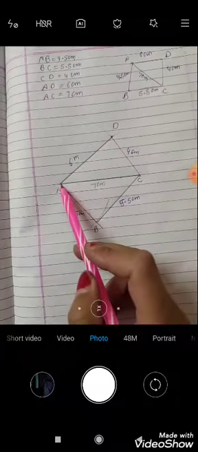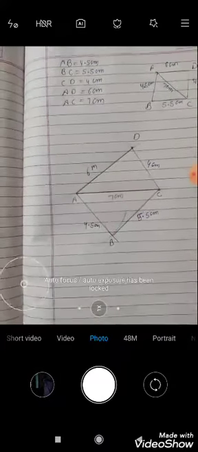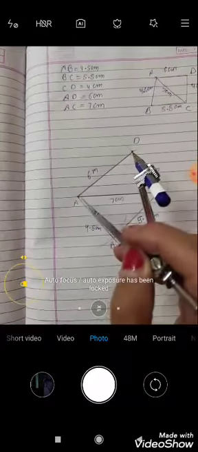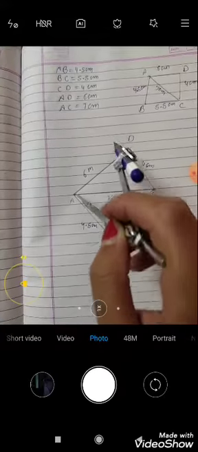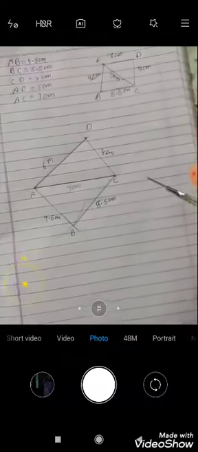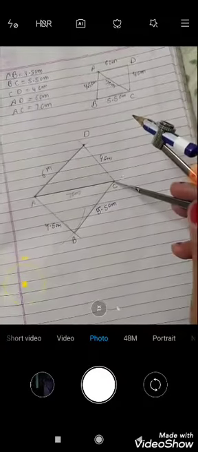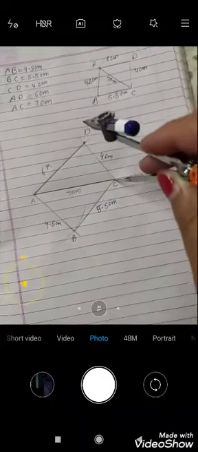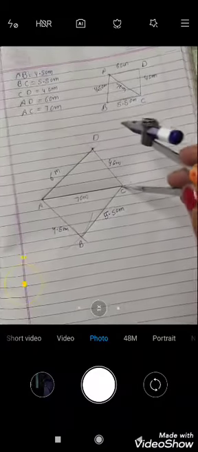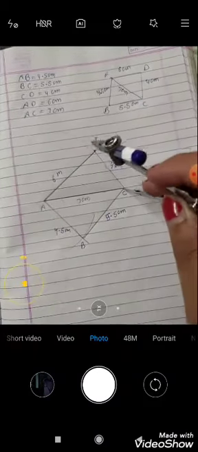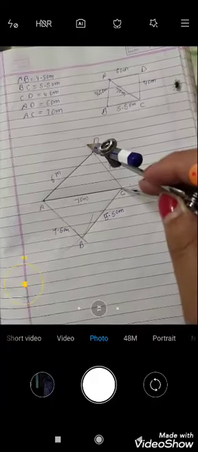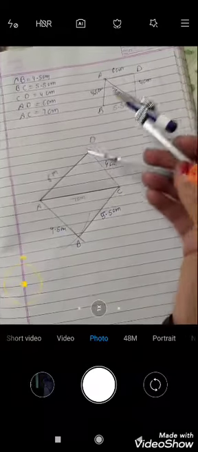First we draw diagonal AC of 7 centimeter. Then we place the tip of our compass at the point A and make an arc of 6 centimeter. In the same way we put the tip of the compass on the point C and make another arc of 4 centimeter. The point where these two arcs intersect is known as point D.